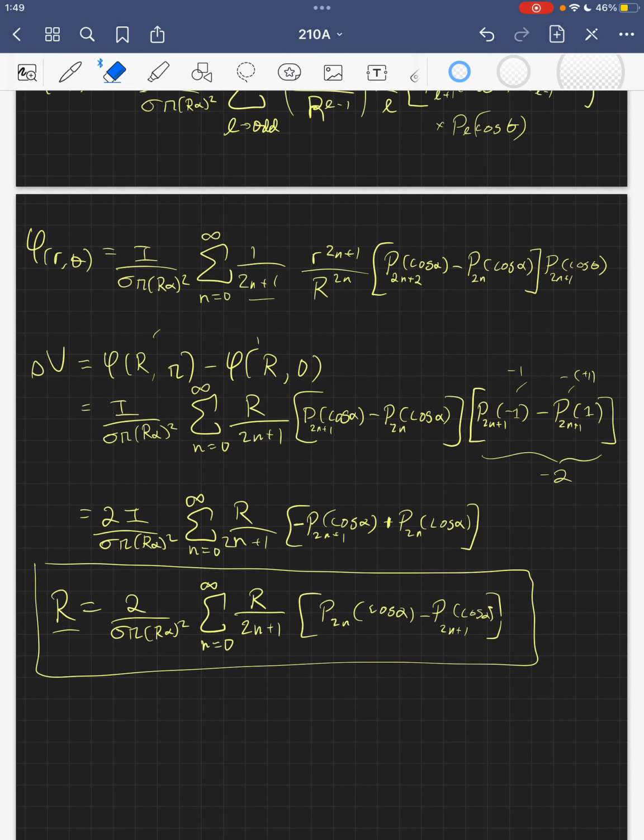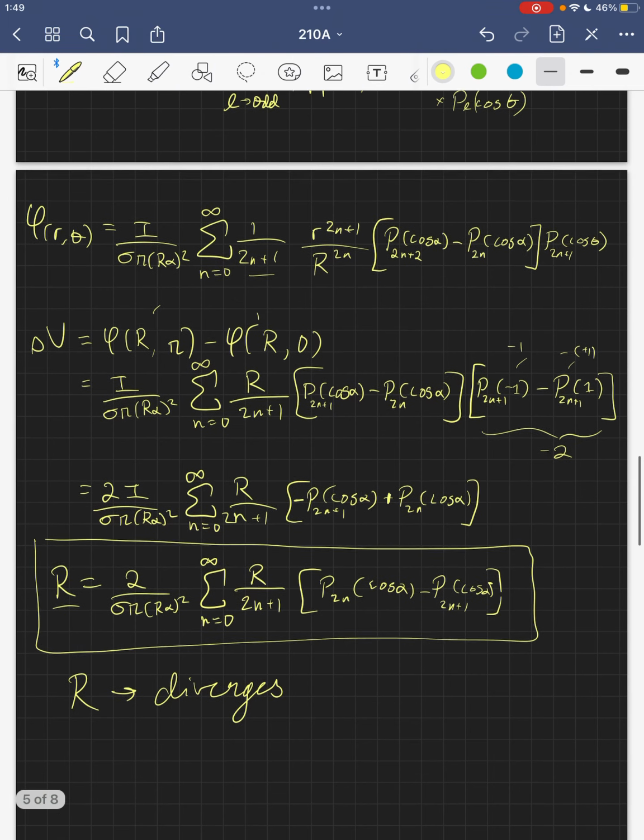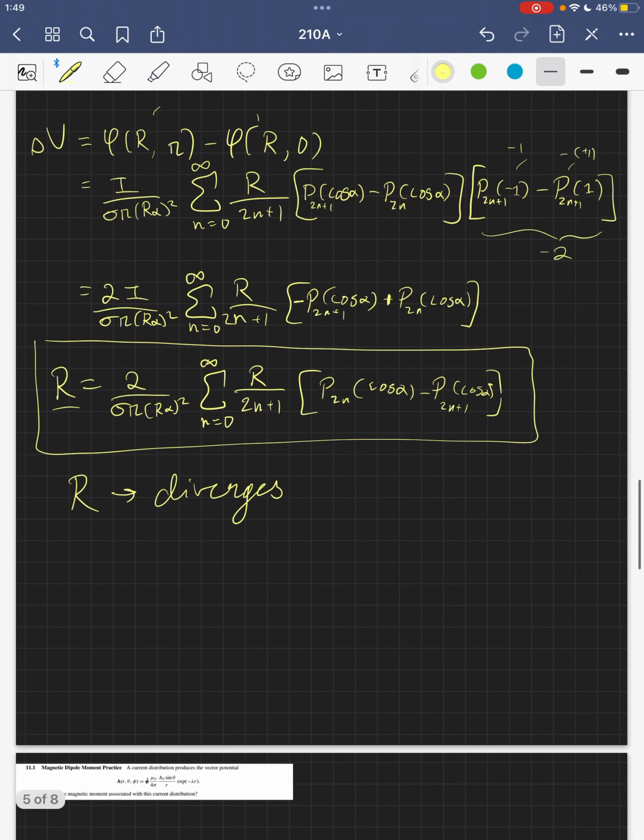You can think of it physically. So R, we can say diverges. Physically, let's consider that. If alpha is decreasing, alpha is getting smaller and smaller. We're attempting to put that current I through these electrodes.